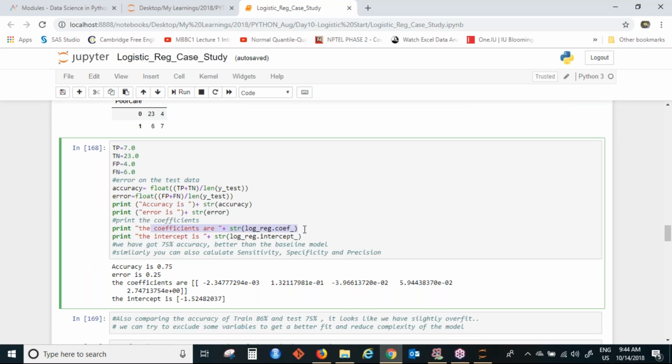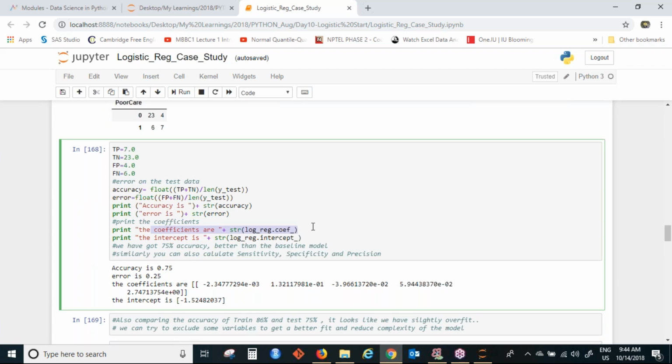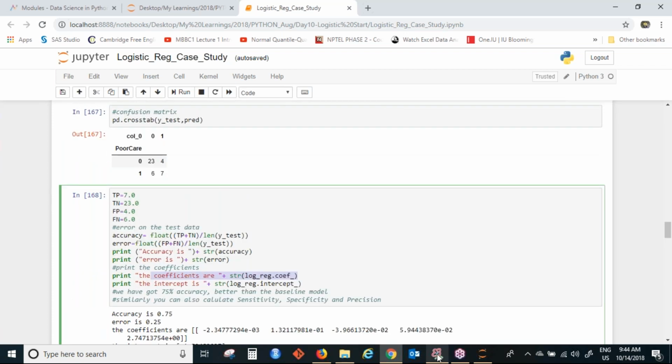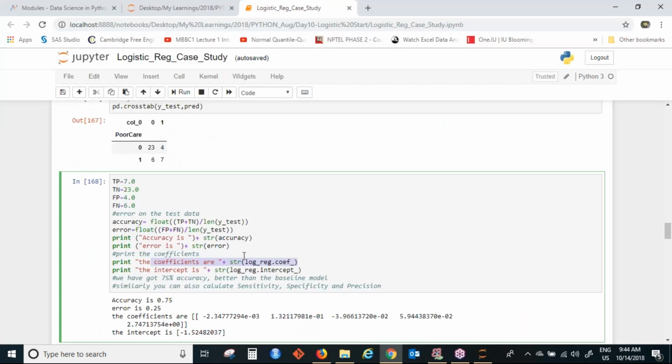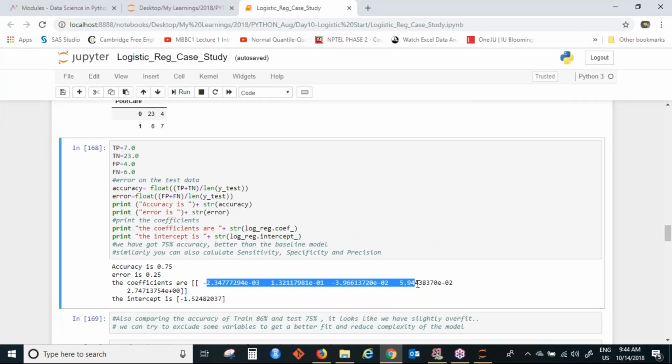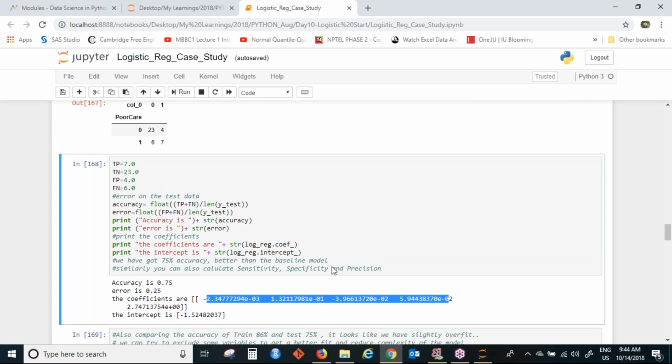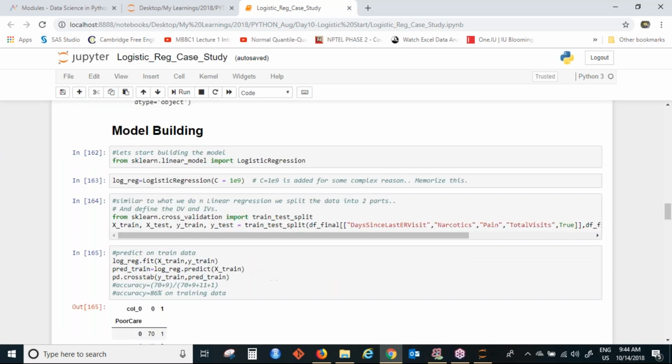Coefficients means betas, because here also we have betas, right? In logistic regression also we will have betas. We have the same equation basically, so we have betas here also. Those betas are what I have printed here. So these are the betas. I have 5 variables: days since last year visit, narcotics, pain, total visits, and true.